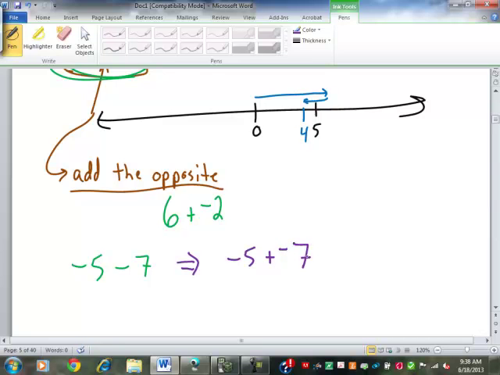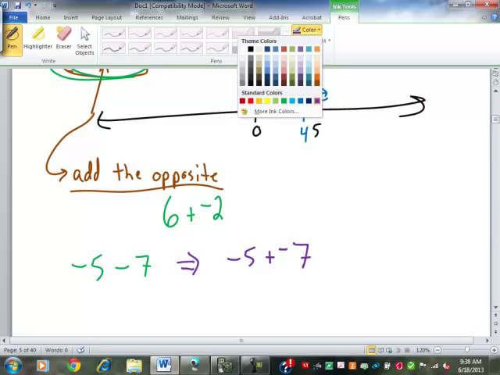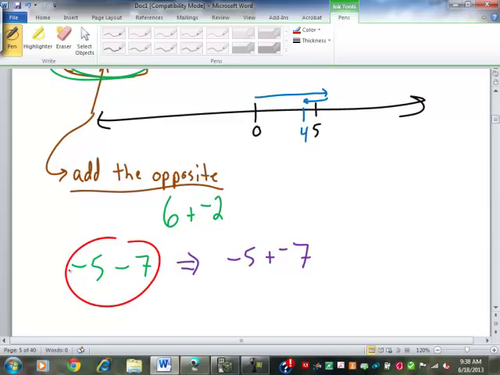Negative 7. Negative 5 plus negative 7 makes more sense to me than negative 5 minus 7. We know this is going to be what? Negative 5, negative 7 makes negative 12. Good.